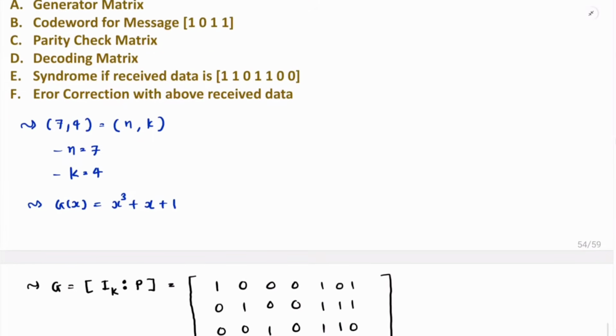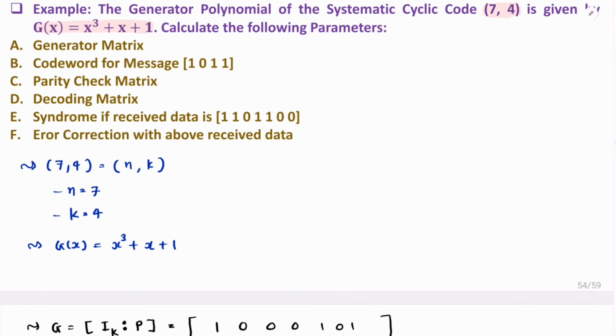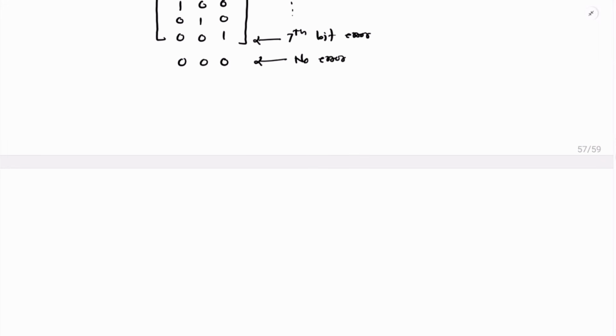So now what I'll do is I'll calculate next parameter. See, in next parameter, we need to understand syndrome if received data is 1 1 0 1 1 0 0. So now I'll explain you syndrome calculation. First of all, let me explain what is syndrome. See, syndrome is denoted by S, right? And if you want to calculate syndrome, then that will be remainder of received data y of x divided by generator g of x.